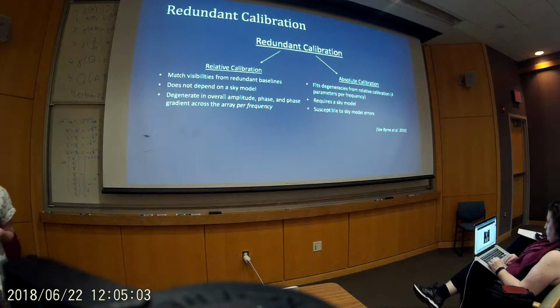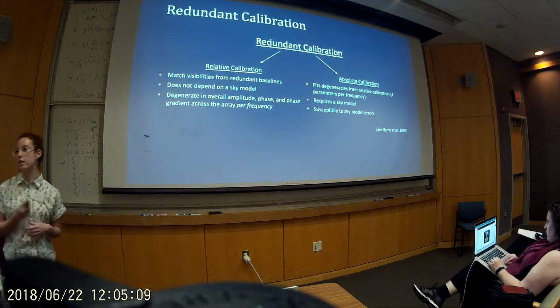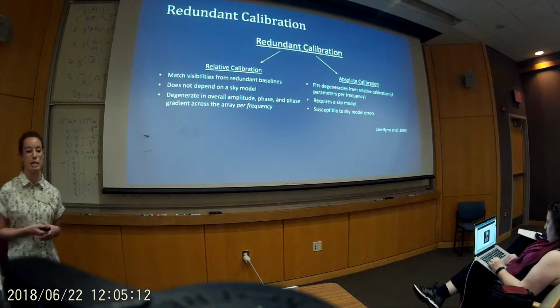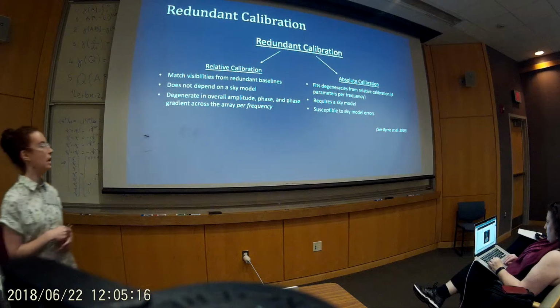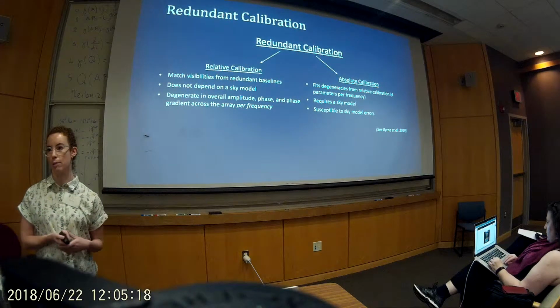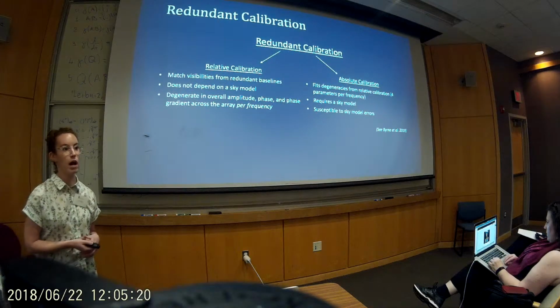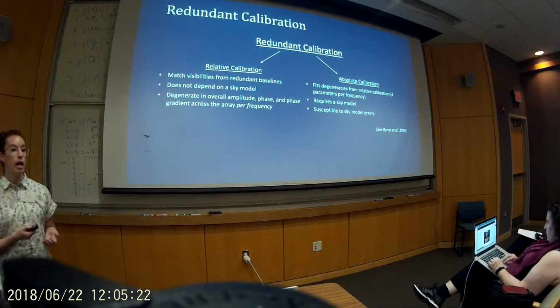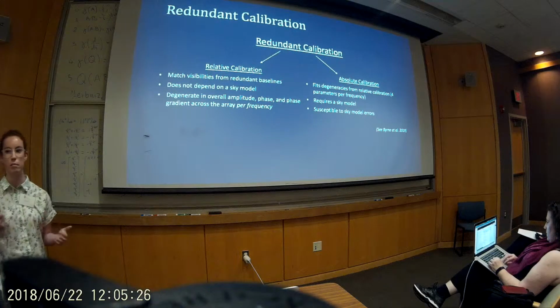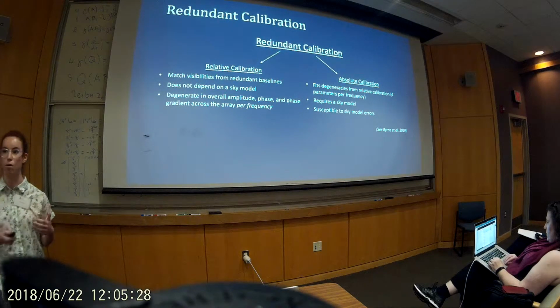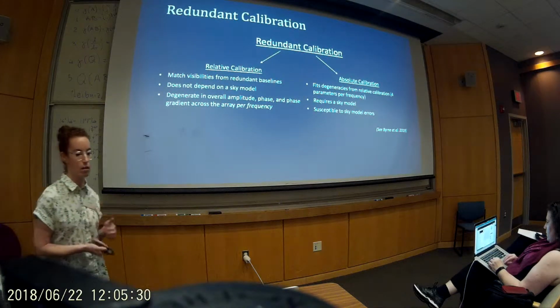It does not depend on a sky model, and the important part is that it's degenerate. It's degenerate in a few parameters, and these parameters are per frequency. Then we have absolute calibration, which is the step where we actually fit these degenerate parameters. And what I want to emphasize is that redundant calibration really fundamentally consists of these two parts. You don't have physically meaningful calibration solutions without both relative and absolute calibration.